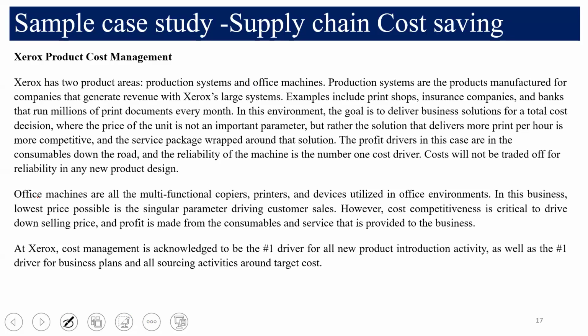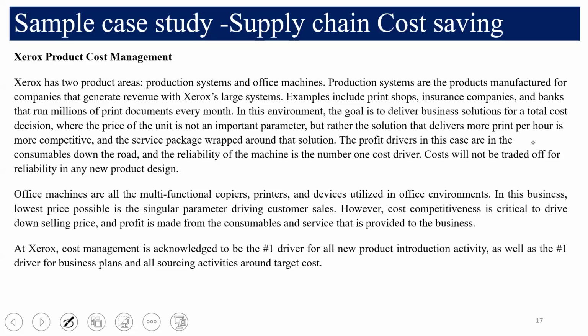Xerox has two product areas: production systems and office machines. Production systems are the products manufactured for companies that generate revenue with Xerox large systems. Examples include print shops, insurance companies, and banks that run millions of printed documents every month.